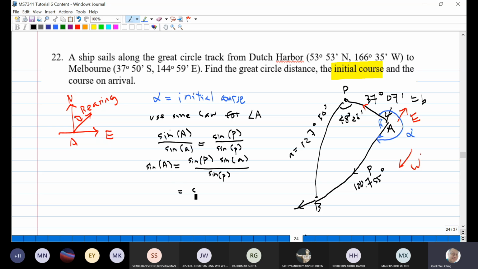This is sine of 48 degrees 26 minutes for angle P, sine of side a is 127 degrees 50 minutes, and side p is, let's use the exact value, sine of 100.755 degrees. So you get sine A is equal to 0.6015.